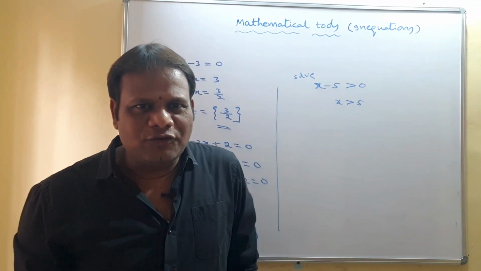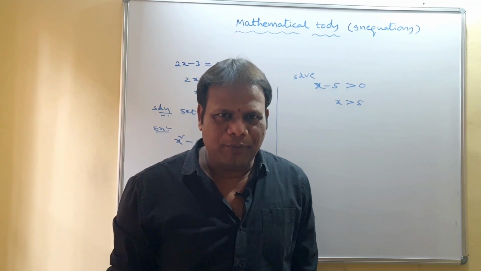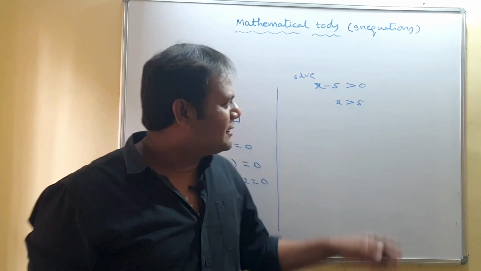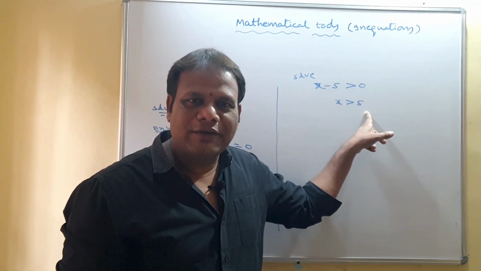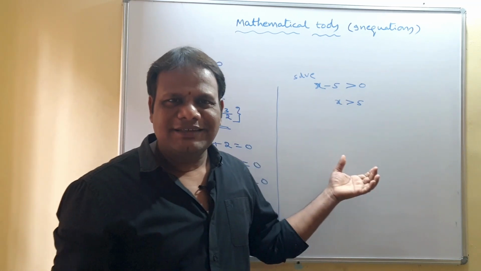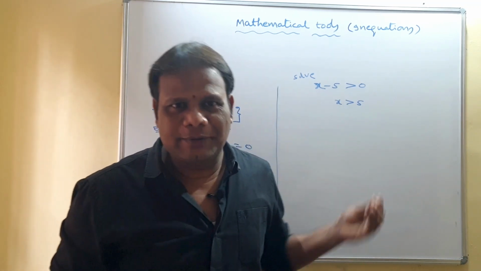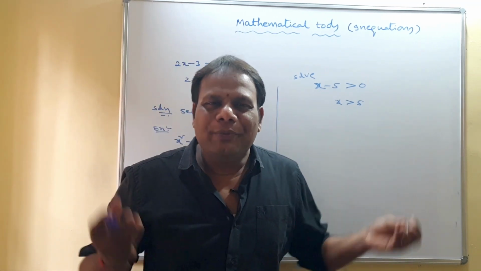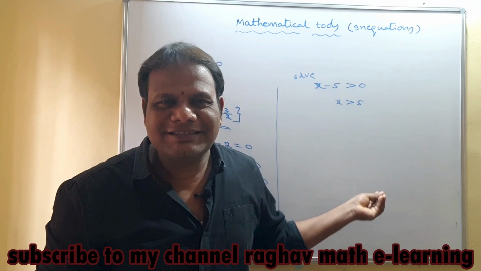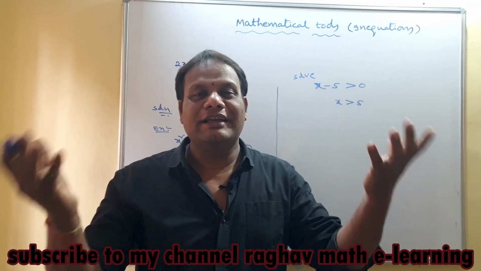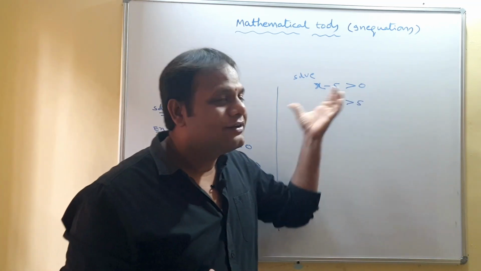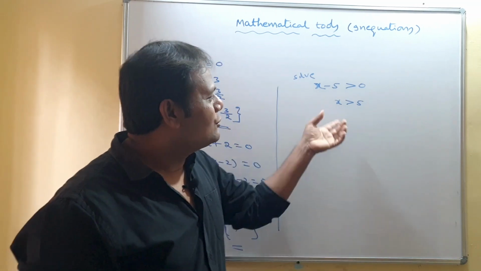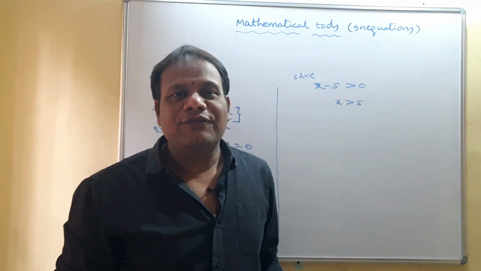Greater than 5 means, can I take 5.1? Yes, because 5.1 is more than 5. Can I take 6? Yes. Can I take 7? Can I take 10.23? Yes. How many solutions exist for this? Infinitely many solutions. One solution is 5.1.